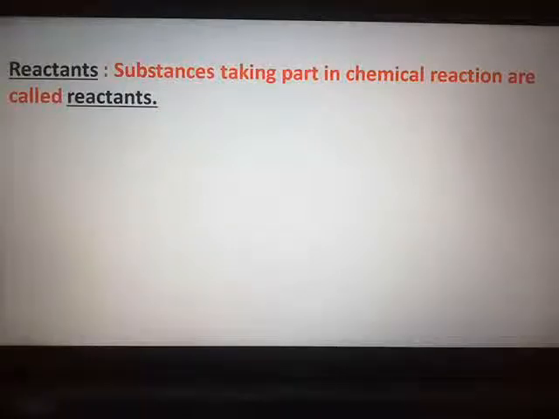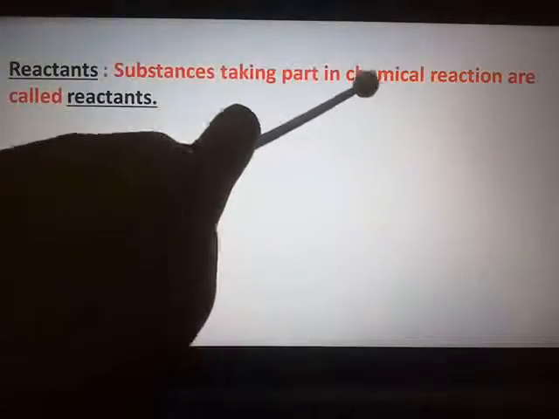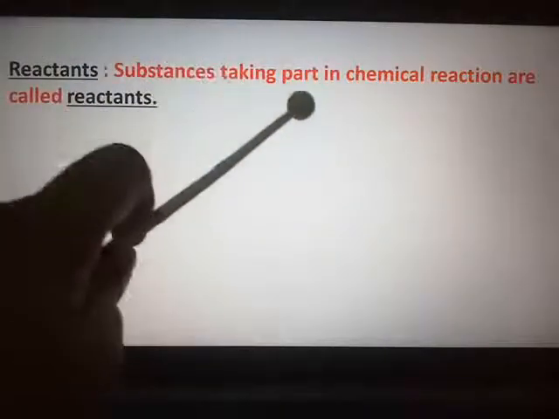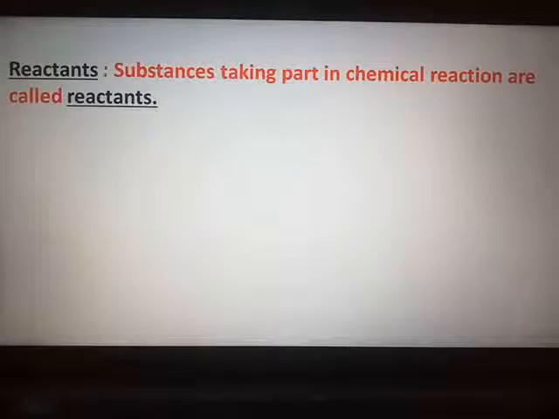If you are preparing a cake, the ingredients which you take at the initial stage, that is maida, sugar, curds, all these are your reactants. They are going to take part in the formation of the cake. Or the example we have seen previously, the ripening of fruit: the raw fruit is your reactant. When milk gets converted into curd, milk is the reactant.